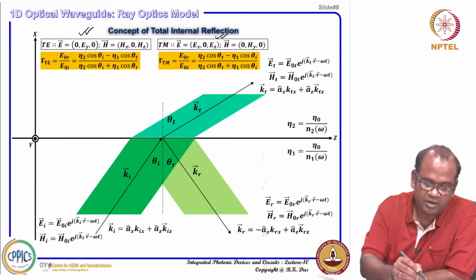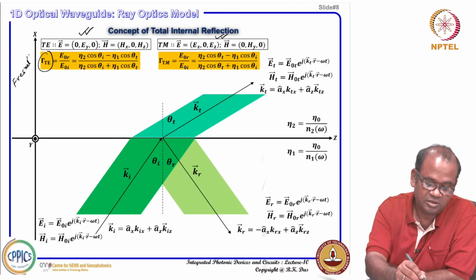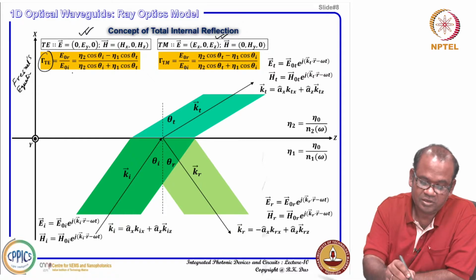Using the boundary condition, the reflection coefficient gamma TE can be derived. Fresnel first derived it using boundary conditions. That is why we call it Fresnel's equation of reflection for gamma TE, and that is for any two media.